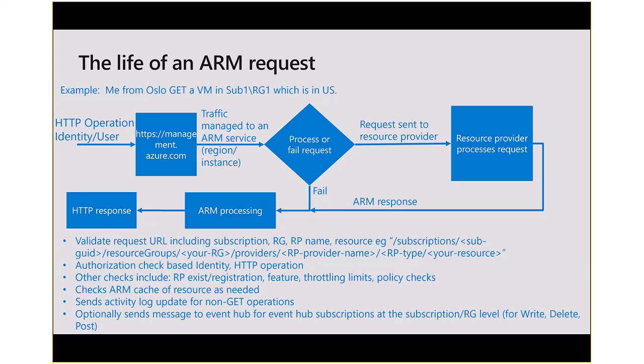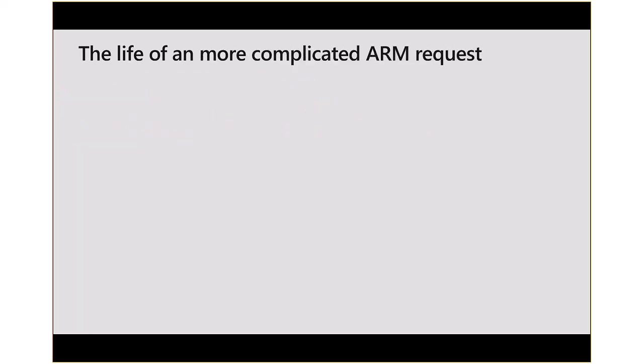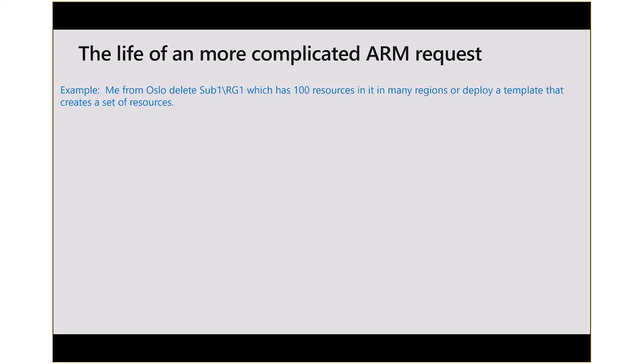What actually happens in some more complicated, more sophisticated calls is what makes ARM really great. So, for example, let's say that I still sit in Oslo, but now I want to talk to my resource group in subscription one, which has approximately 100 resources, and those resources can be spanned across multiple regions.